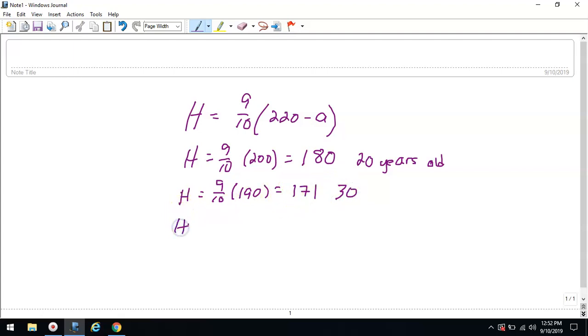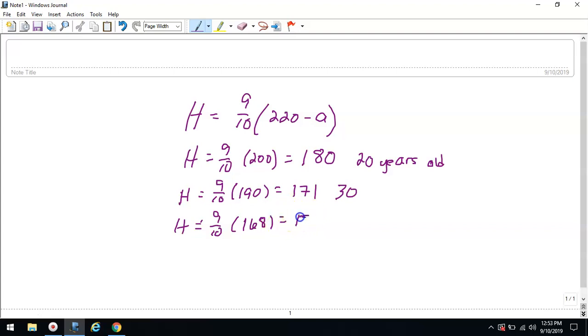And the last one is for 52. So this time it's going to be 9/10, and 220 minus 52 is going to be 168. Then when I multiply that together, I get 151.2.